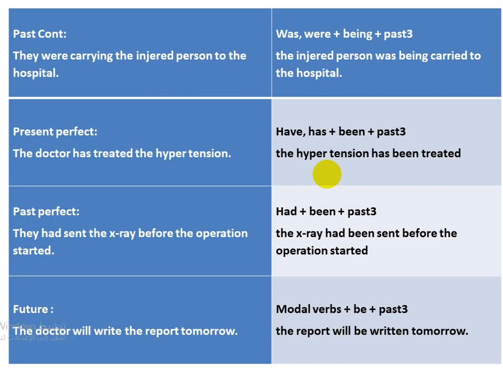So the hypertension has been treated. This is very clear. Treated by the doctor, or we can say by him. Very good. Say it again. By him, or by the doctor, as she said.